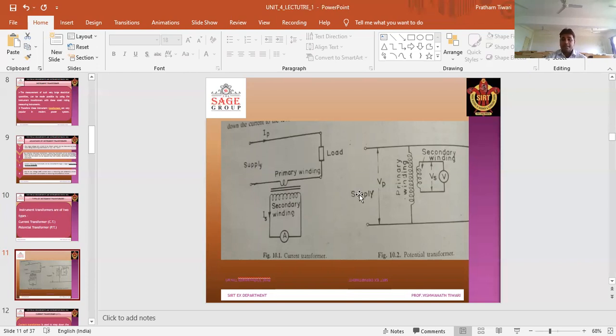In the case of the potential transformer, the primary is connected to the power circuit, and all the measuring instruments are connected on the secondary side of the potential transformer. This is the arrangement for the current transformer and potential transformer.